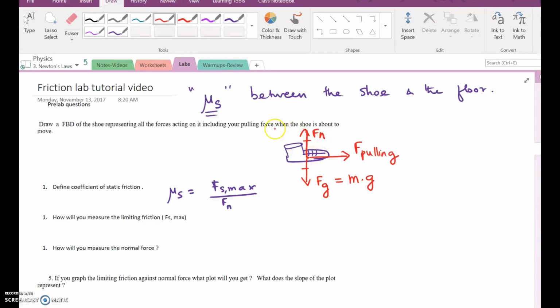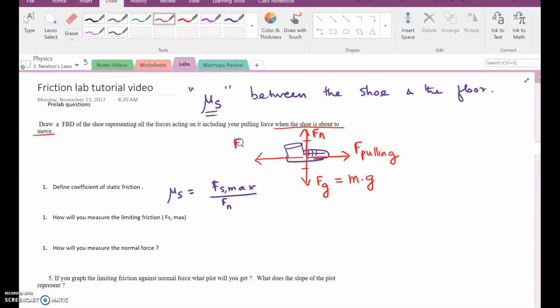So when the shoe is just about to move, what is the force that is resisting your pulling force? Correct. That is friction. And we know that because the shoe has not moved yet, it is still in equilibrium. That means your friction must be equal and opposite to the pulling force. And because the shoe is just on the verge of motion, that means friction has maxed out in the system.